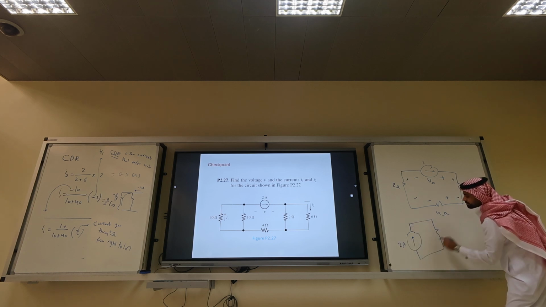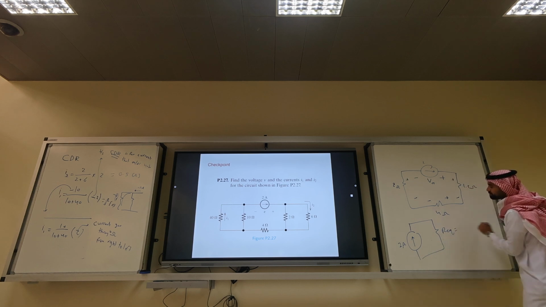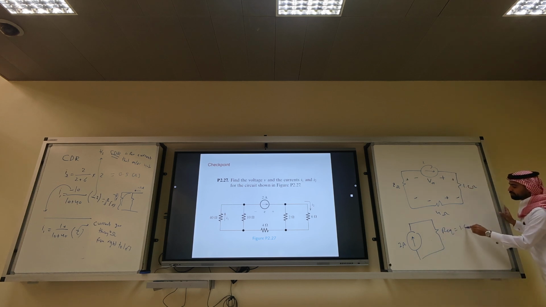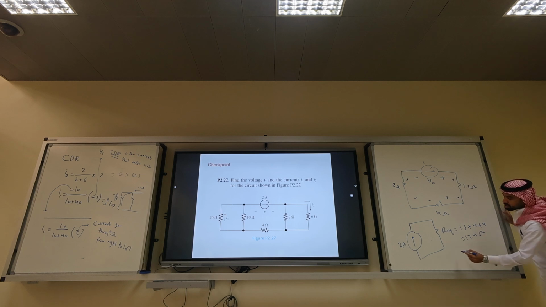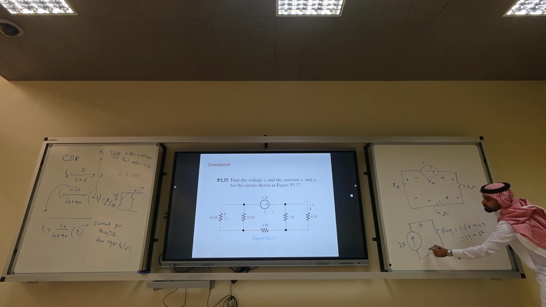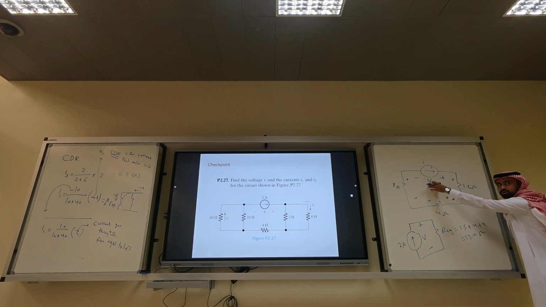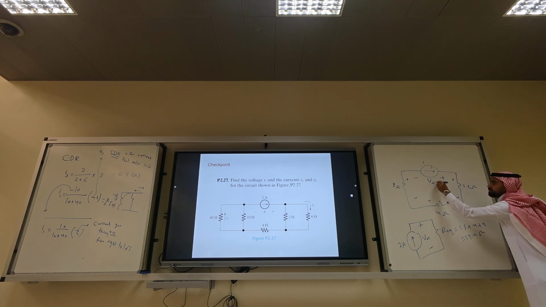Can I do it like that? Yes. What is our equivalent? 1.5 plus 4 plus 8, which is 13.5 ohms. So what is V, or V current source, which is equivalent to V?